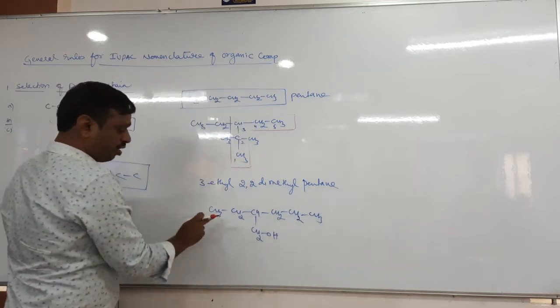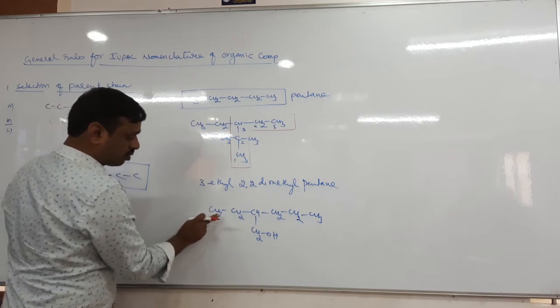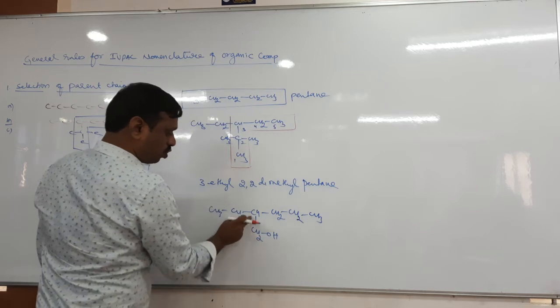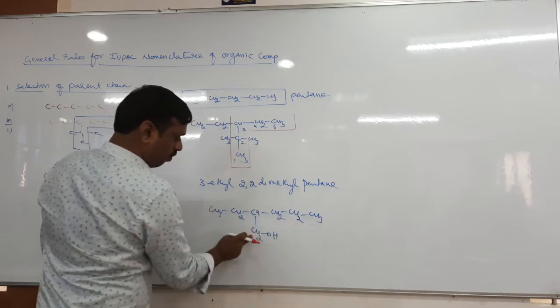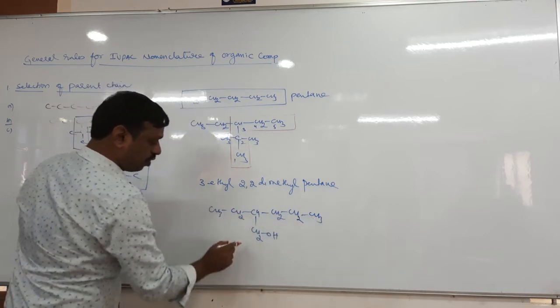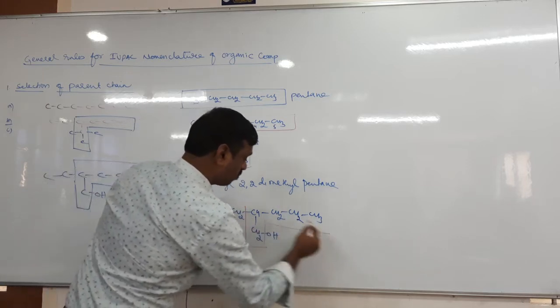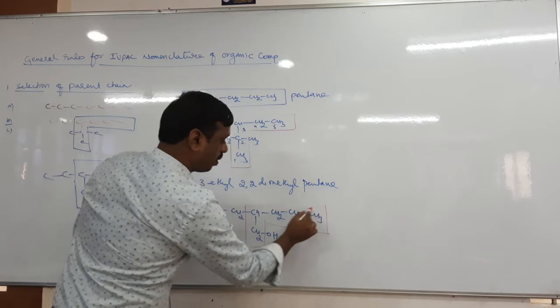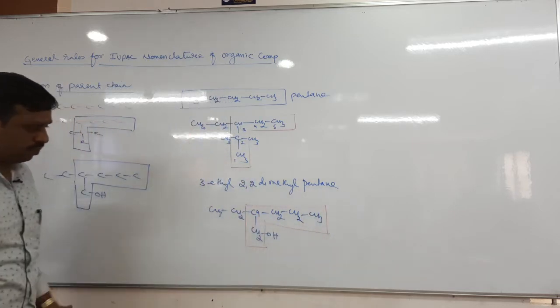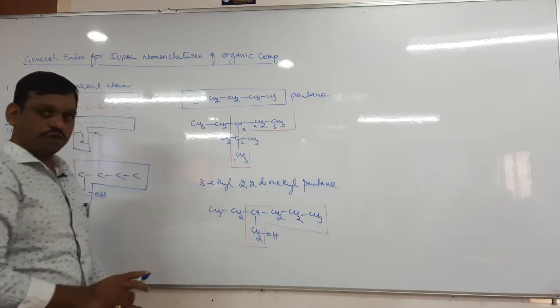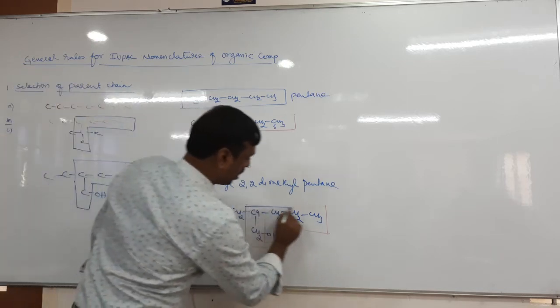If you take the straight chain, it becomes 1, 2, 3, 4, 5, 6. Here it is 1, 2, 3, 4, 5, and 1, 2, 3, 4. Therefore, we need to select the parent chain which has the functional group, even though its long chain has fewer carbon atoms. So this is the parent chain.